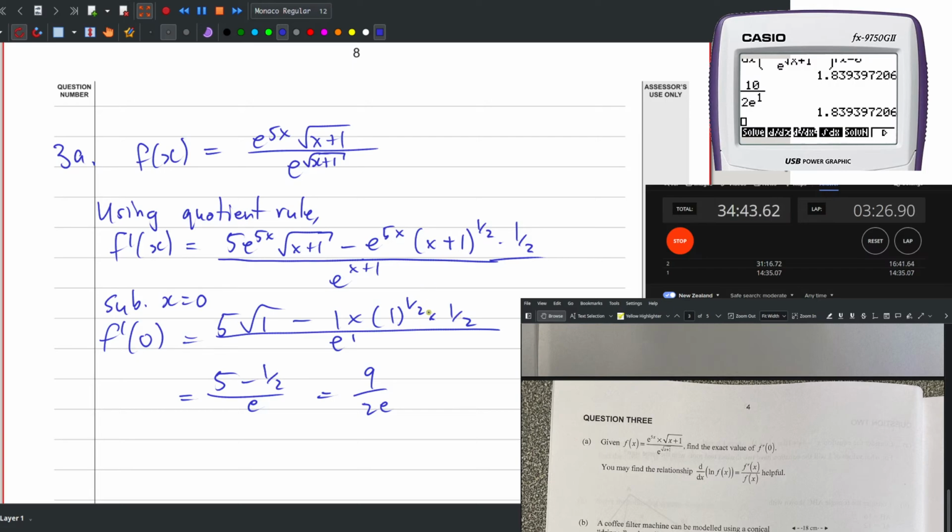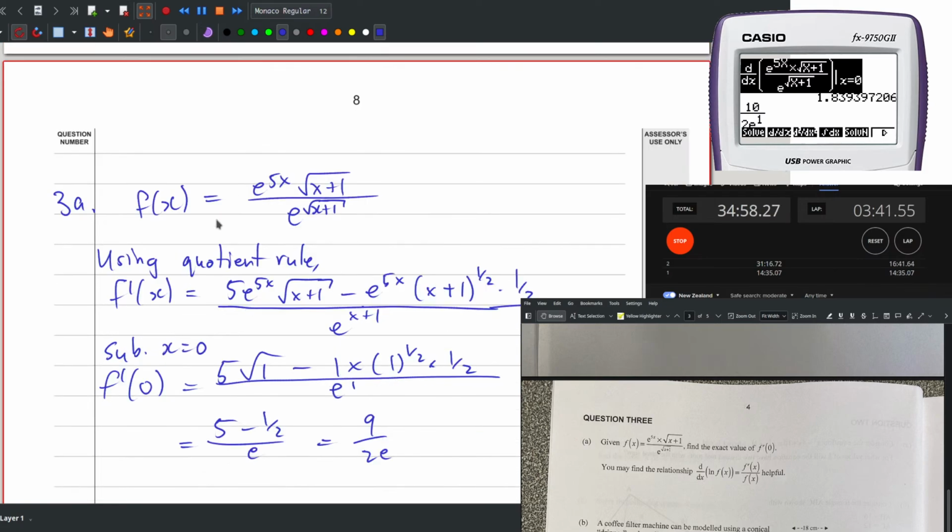Wait, is the calculator tripping though? I put in everything correctly, so it should come out correct as well. So okay, 5e to 5x, yeah, we got that, and then you just keep the square root.